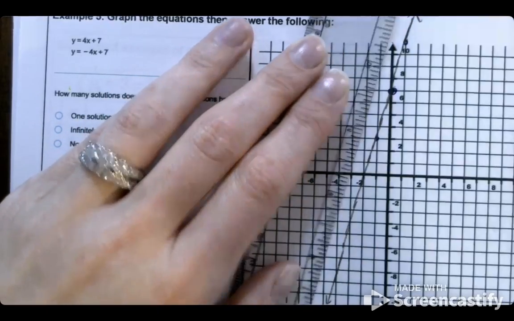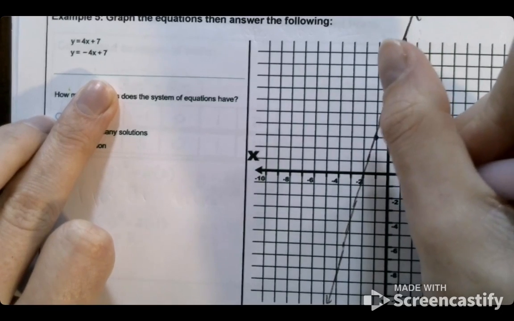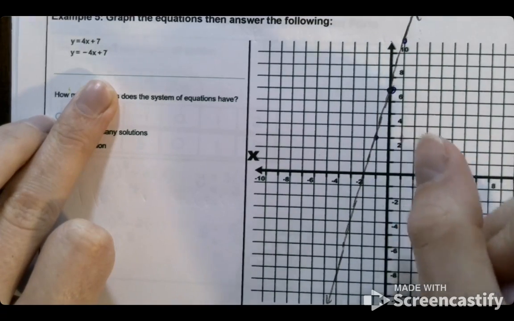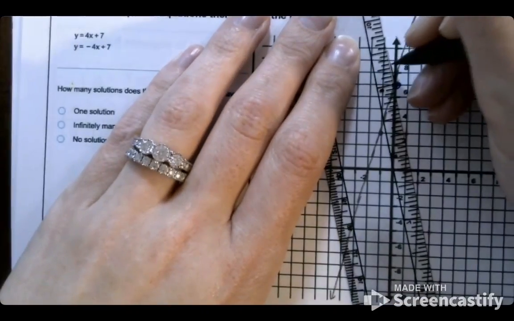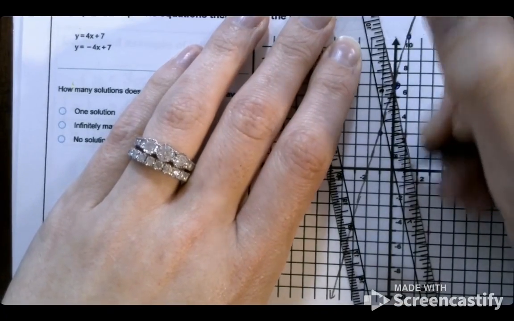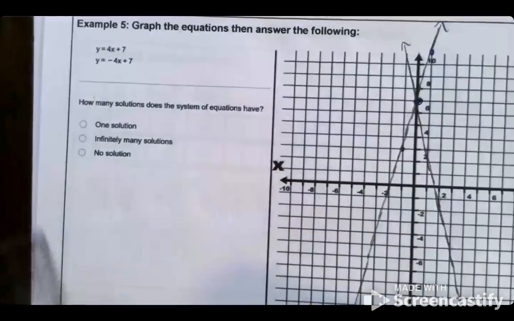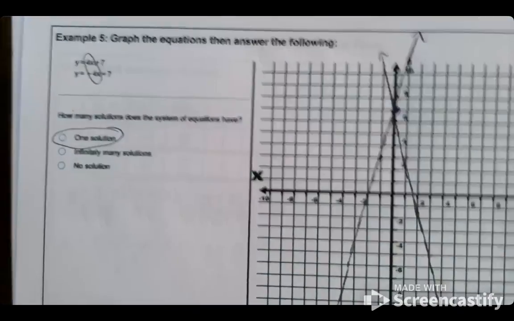Because if you think back to what we did before, then you would see that realistically, we can see from our slopes that they are different, which means it is automatically one solution.